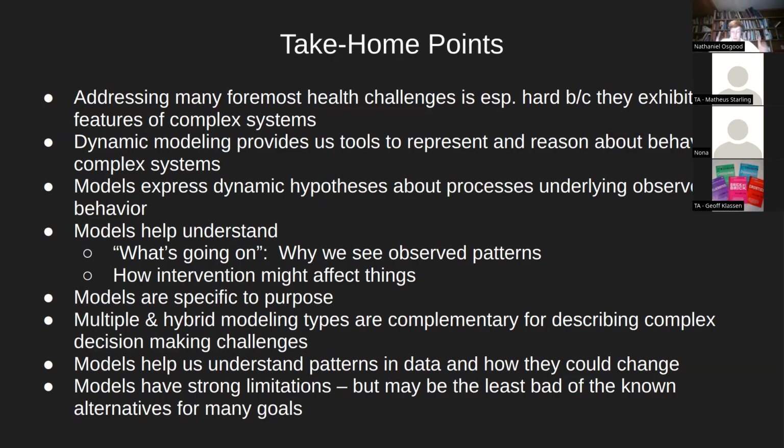Just like a map, we look for different details to be ignored or captured by a map that helps us take the bus across the city, or subway if you have one, or to walk across the city, or to bike across the city, or to drive across the city. And indeed, a very different map than if you're trying to figure out why flooding occurs in different areas of the city.